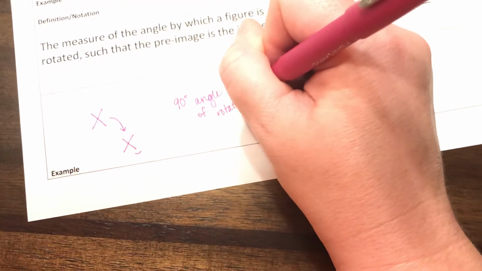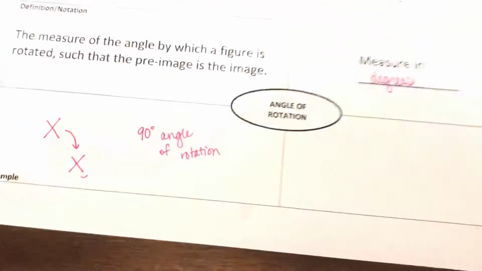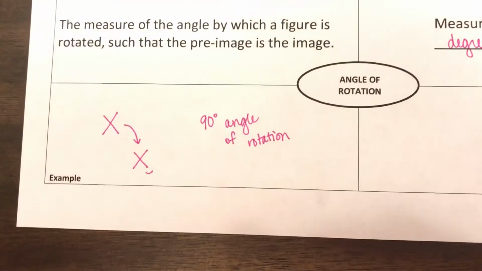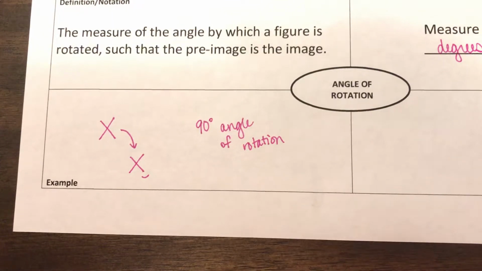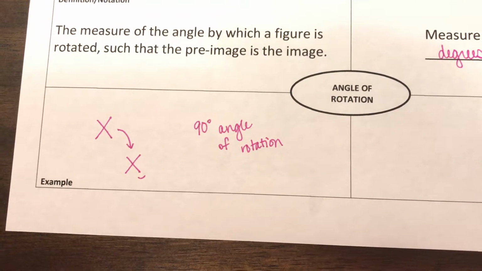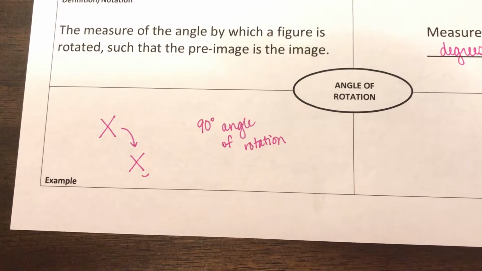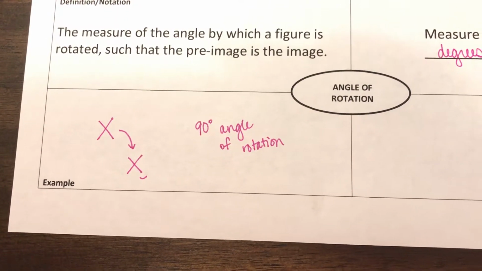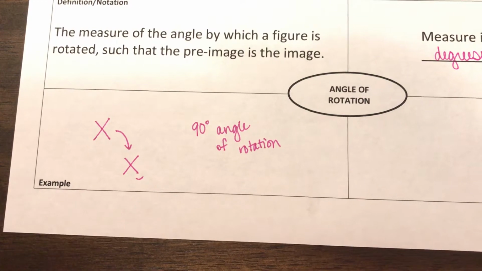So that means if I turn a symmetrical X 90 degrees, each time I turn it 90 degrees, it's still going to look like an X, so that the image and the pre-image will be exactly the same.